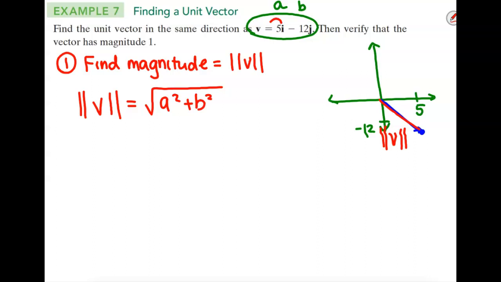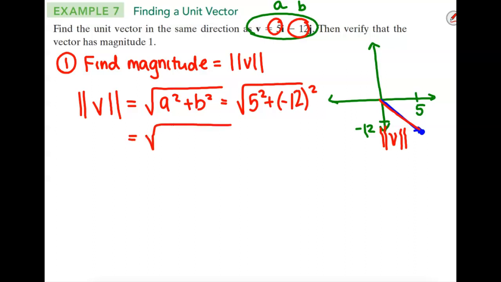So this is our a value, and this is our b value, and we're going to substitute it in. So 5 squared plus negative 12 squared. Simplify it. 5 times 5 or 5 squared is 25.